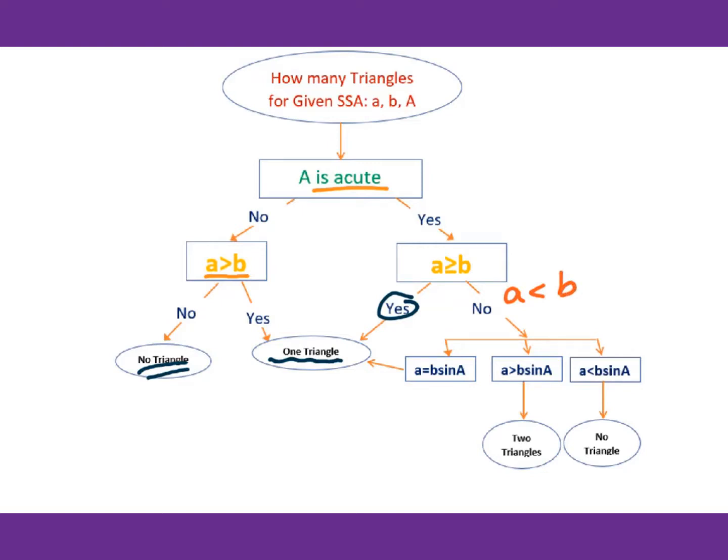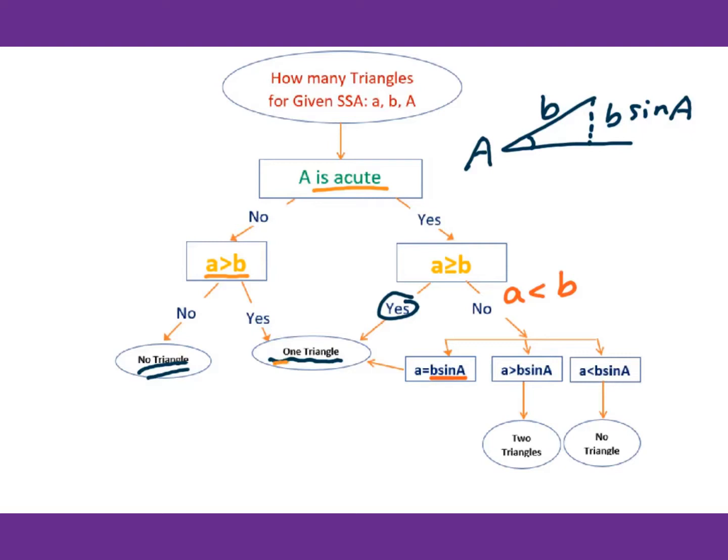Then you need to check three situations. If a equals b sin A, what's the meaning of b sin A? Basically, that is the height. If this is angle A, this is b, this will be b sin A. When a equals b sin A, it means you will form a right triangle.